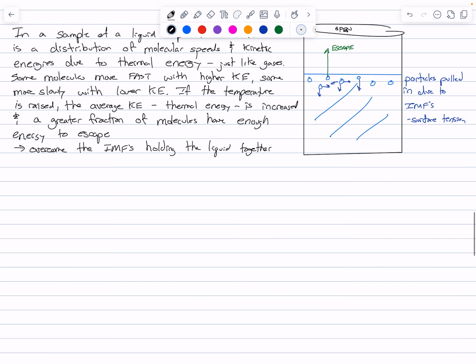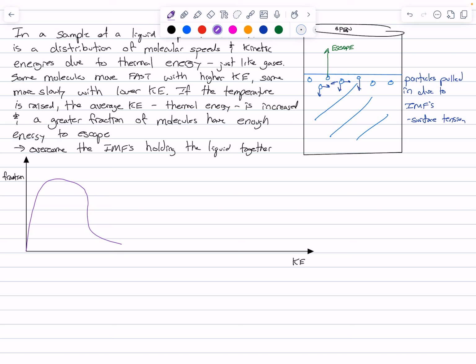All right, so if we look at this mathematically, I have x and y here. If x is my kinetic energy and y is my fraction, how many particles? So if I'm cold, at low temperature, let's just say we're up here like this, and then we're going to come down.